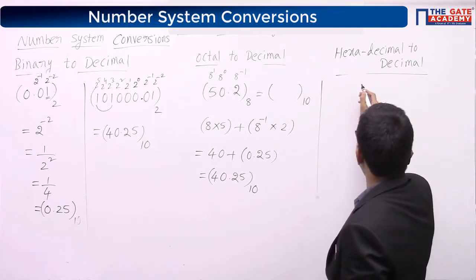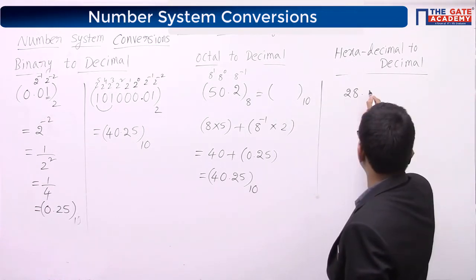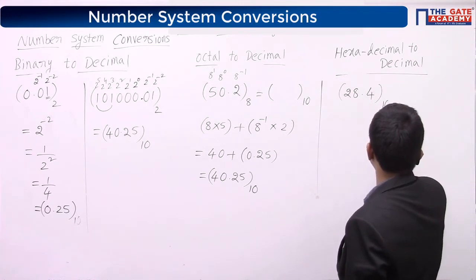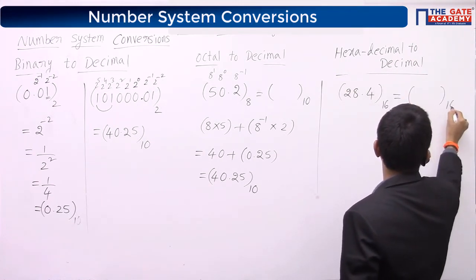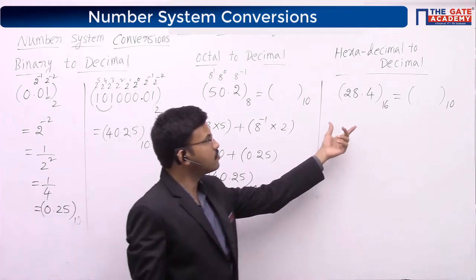Next, similarly do for hexadecimal to decimal. 28.4 base 16. Convert this hexadecimal number into decimal.